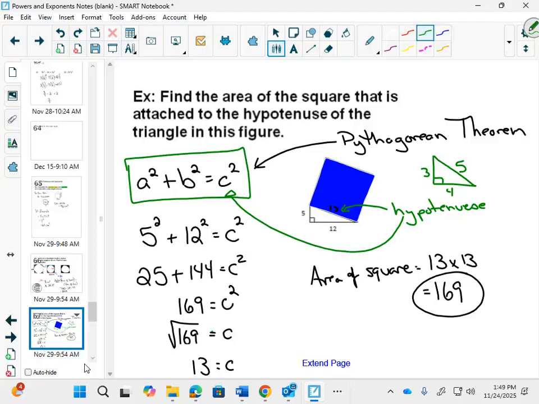Yeah, 3, 4, 5 is probably most popular. Carpenters use the 3, 4, 5 when they get to a corner. If they want to make it 90 degrees, they will measure maybe 3 feet on one side and make a mark, and then measure 4 feet here. If the distance between those 2 points is 5, then they know their wall is a perfect 90 degrees.